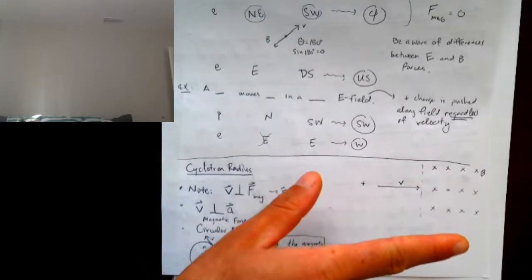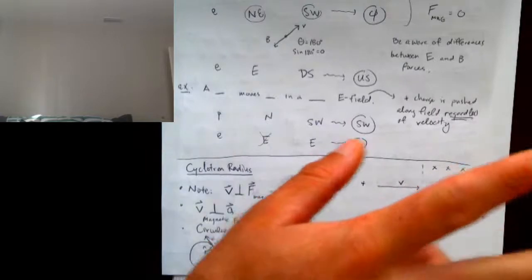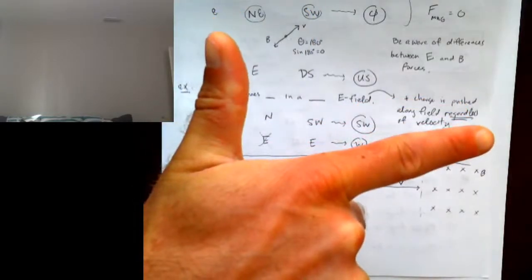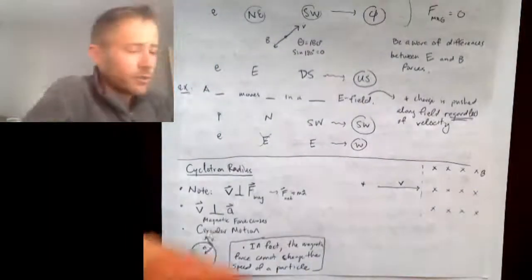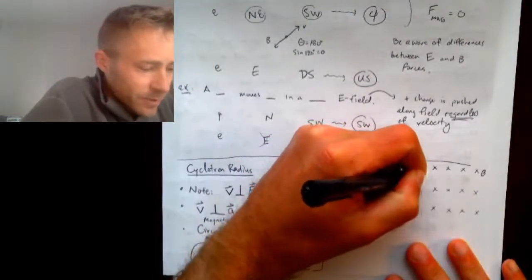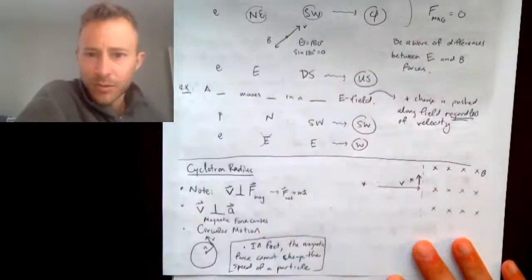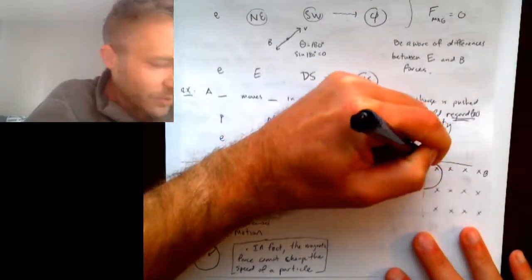I have a velocity that's going to the right, and I have a magnetic field that's going into the page, so I'm going to take my finger and point it down into the page, and you can see that my thumb is going upward towards the top of the page. Okay, so when it enters this magnetic field, it's going to have a force on it that's going up towards the top of the page, which means that when it enters, it's going to curve in a circle like this.